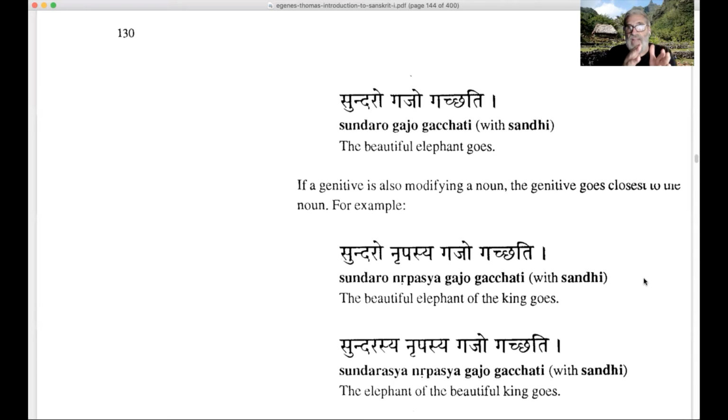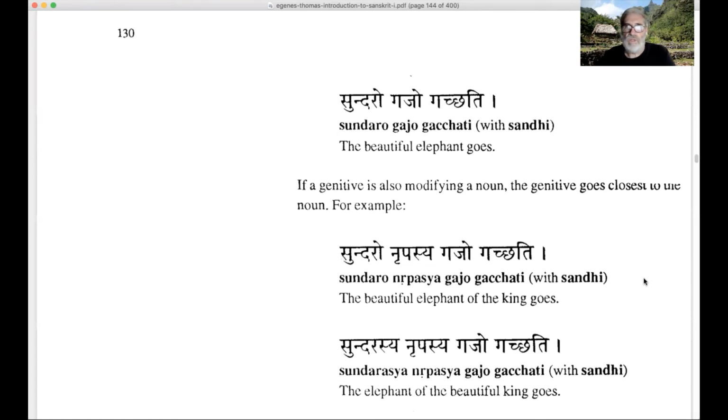The adjective agrees with the noun, the nominative, the subject of the sentence, the Gajaha, in number, in case, and in gender, right? So it's declined in the masculine nominative singular, just like Gajaha is masculine nominative singular. Very easy. That's the example.